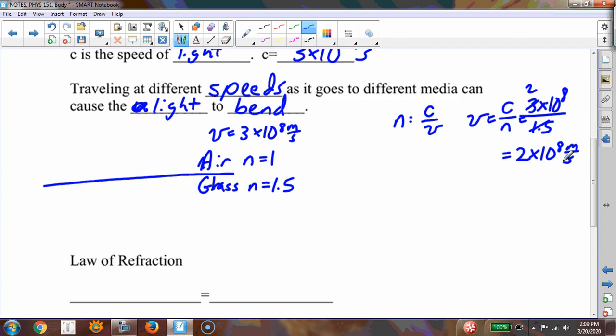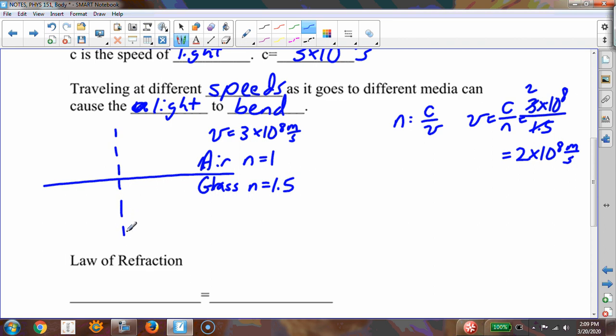I very much expect that you will have to use this definition of the index of refraction to calculate the speed of light in a medium like glass. You'll know, by the way, that it's always less than 3 times 10 to the 8th because light always travels slower in a medium.